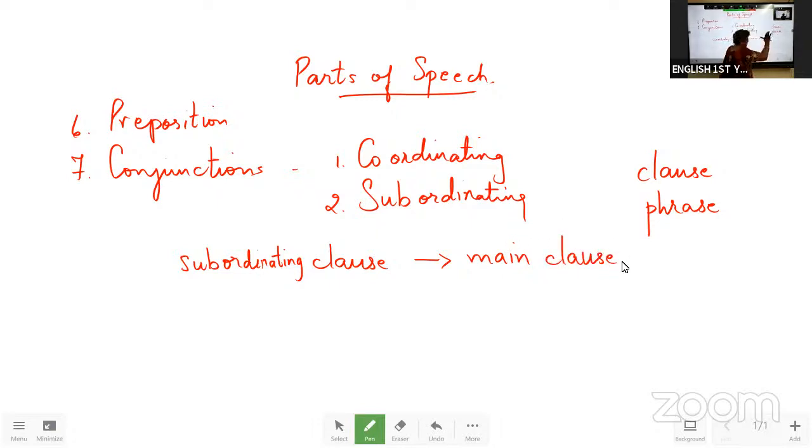That's what I said, subordinate, which is not at par. It is below. It depends on the main clause to make sense. While coordinating conjunctions join two main clauses together.